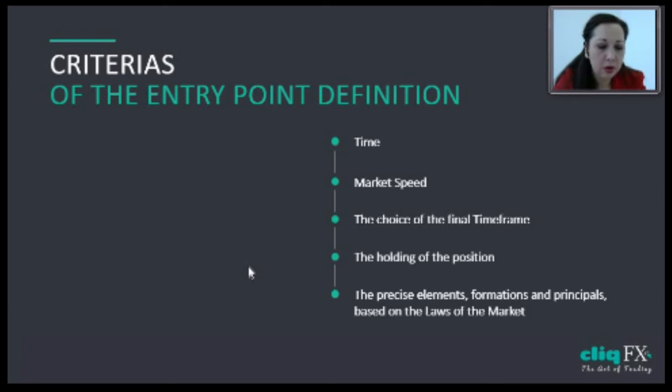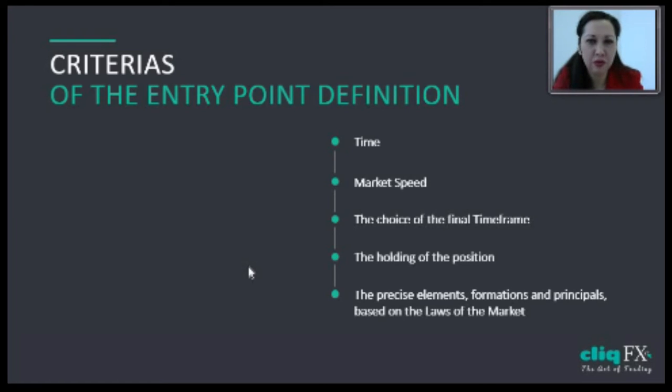And also, let's talk about the criteria of defining entry points, and the whole process of trading. So we will talk about the whole process of trading more. Okay, first element, first criteria, it's time. You need to understand that you live in a certain part of the world, and you lead a certain way of life.